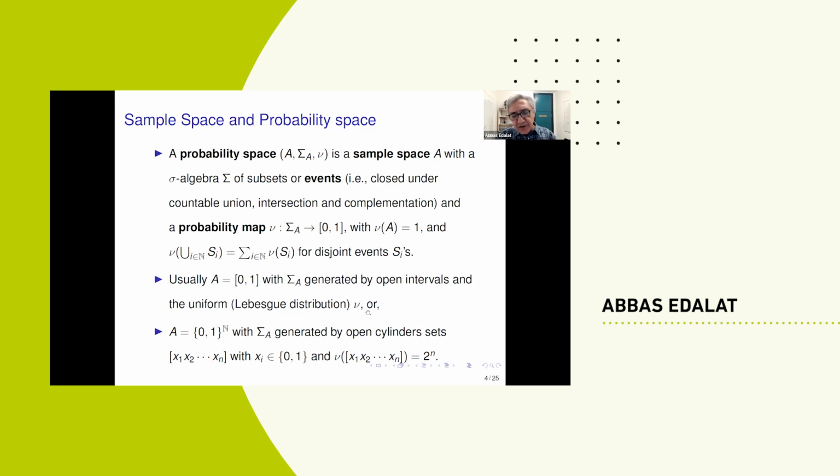But in computer science, we usually take the sample space to be the infinite streams of bits, zeros and ones, which is denoted like that. And the sigma algebra is generated by open cylinder sets.